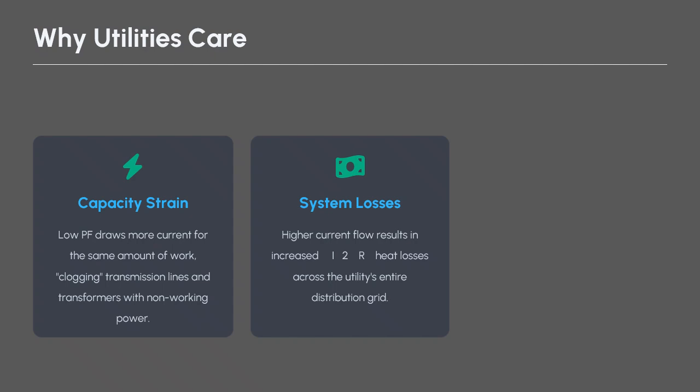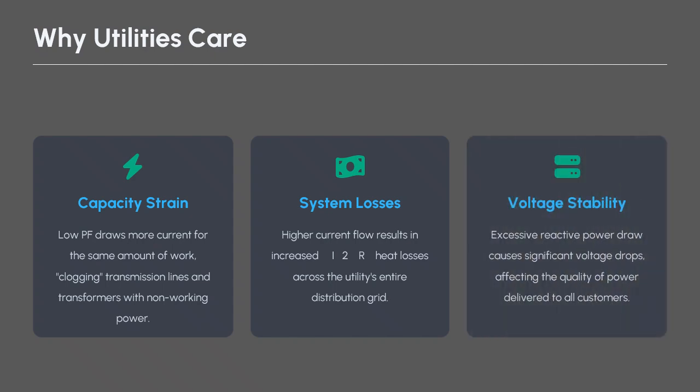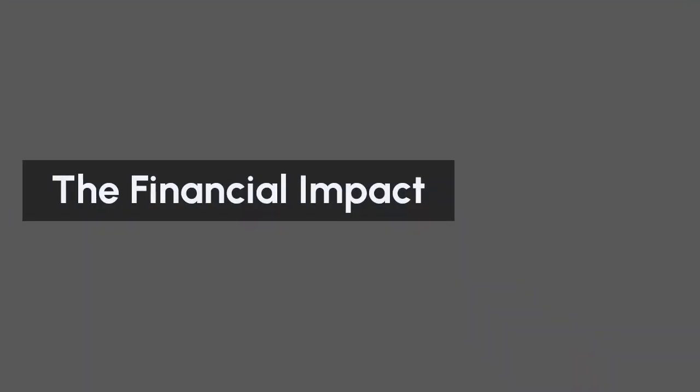Second, this high current leads to system losses through increased heat losses across their entire grid. Finally, excessive reactive power draw can cause significant voltage drops across the network, degrading the quality and stability of power for all customers.